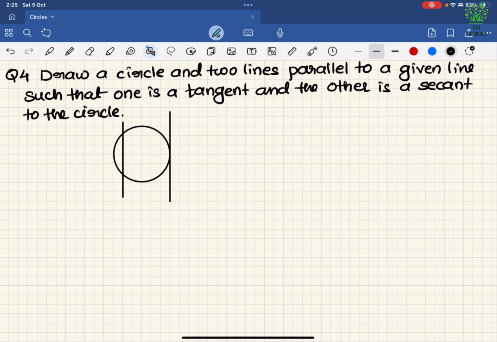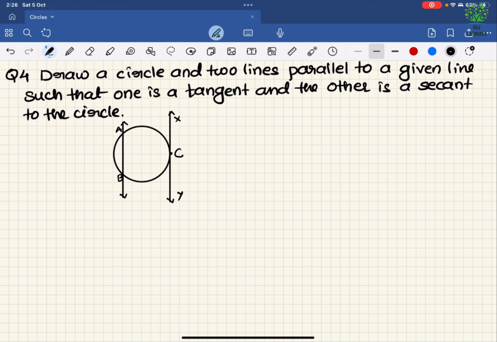Now I am giving them names. Here it is touching at points A and B, and I am showing it with an arrow so that it is a line, and this line is touching the circle at point C. Let me give the names X and Y to this.